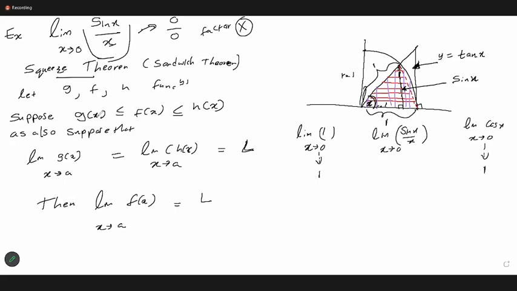One is below our main function, and the other is greater than our main function.